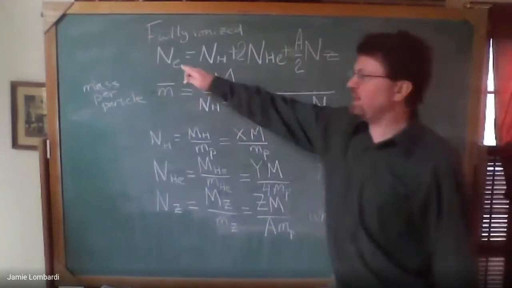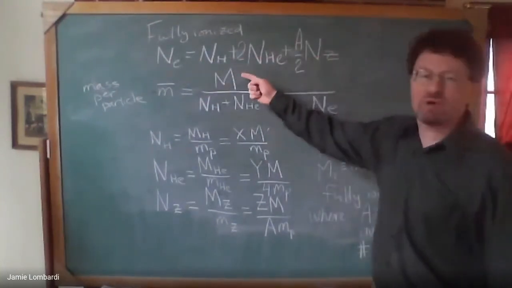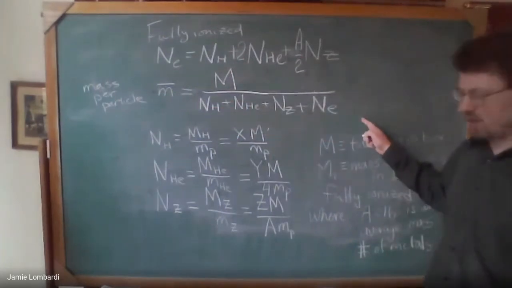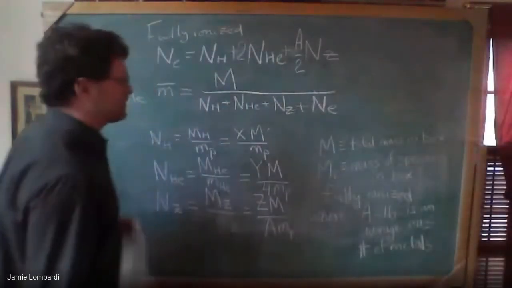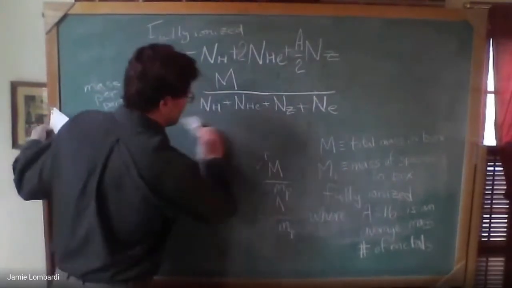And therefore N sub E would even have a capital M in its expression. So the capital M in the numerator here would cancel with the capital M's in the denominator down there. And so it doesn't really matter how big of a box you had, what the total mass within that box is, when you take this ratio.